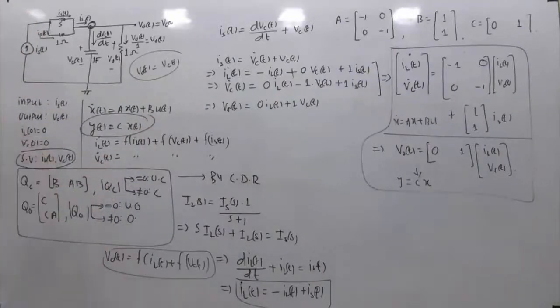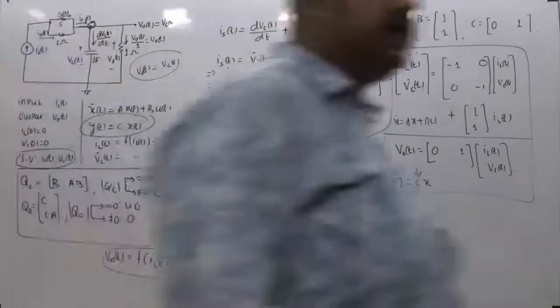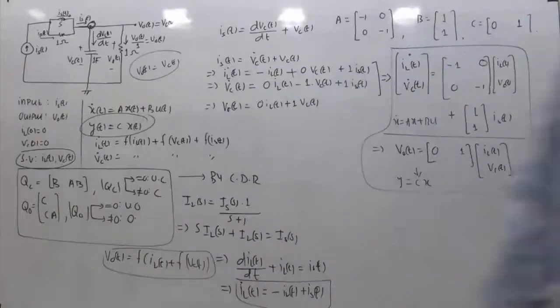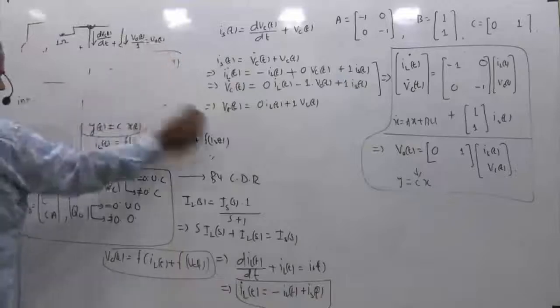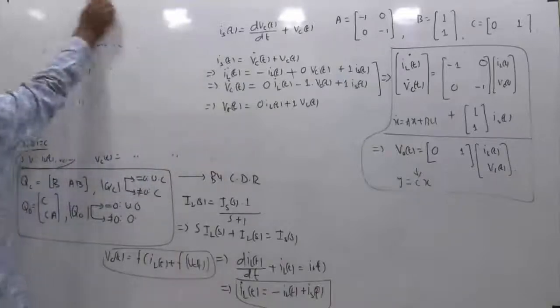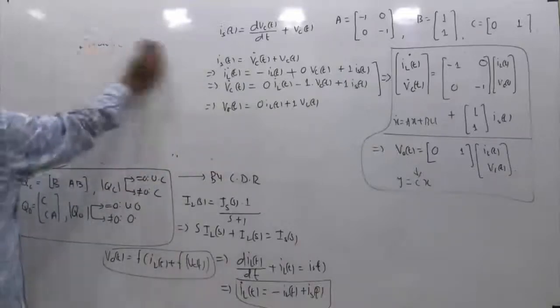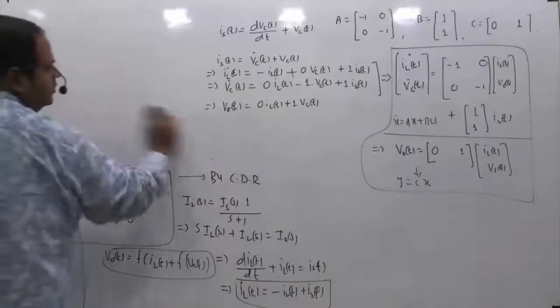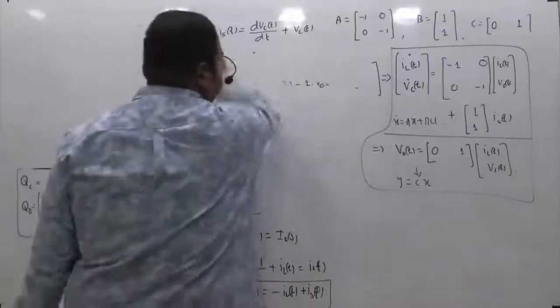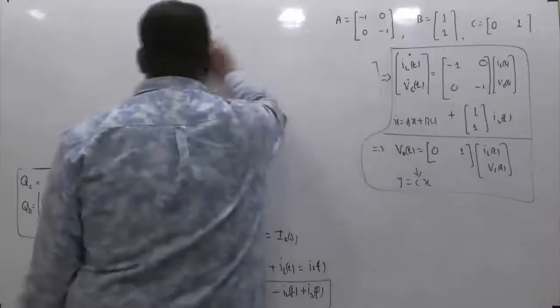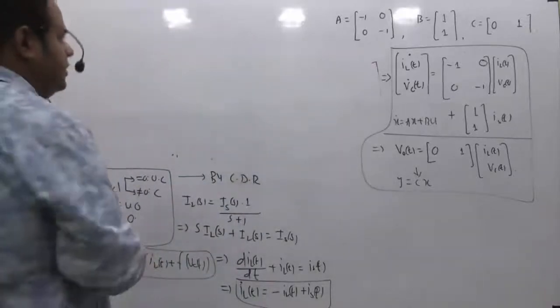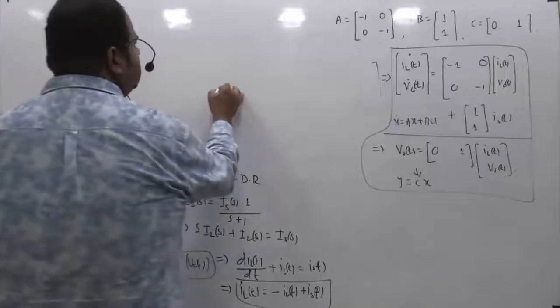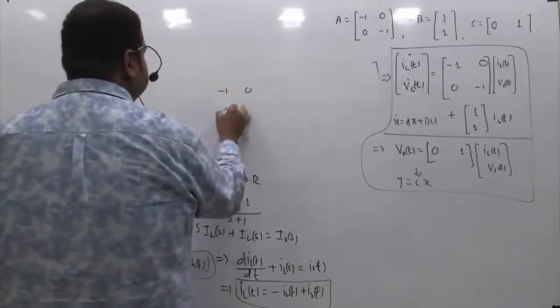Now the last thing that we are left with is to evaluate the matrices QC and Q naught and to find their corresponding determinants. What will be AB? A is minus 1, 0, 0, minus 1.